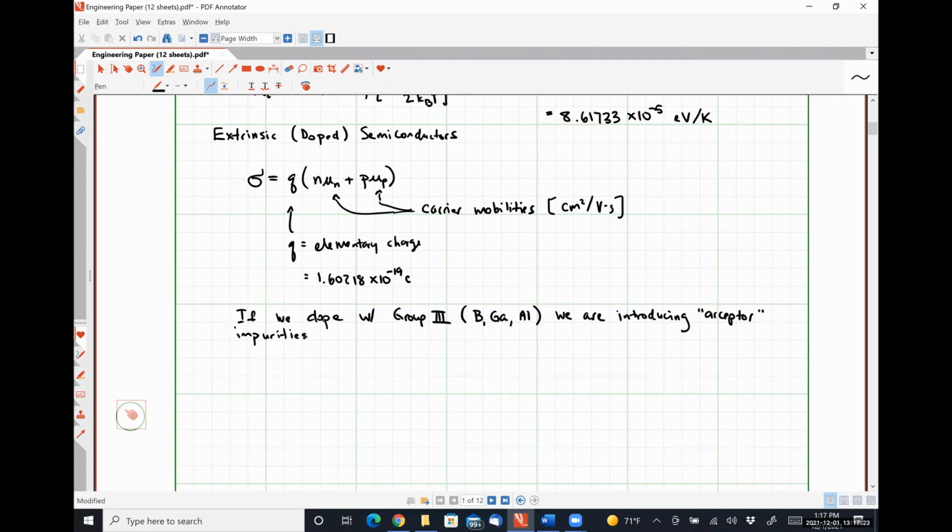Okay. These group 3 elements, again, boron, aluminum, gallium, have 3 valence electrons. Okay.